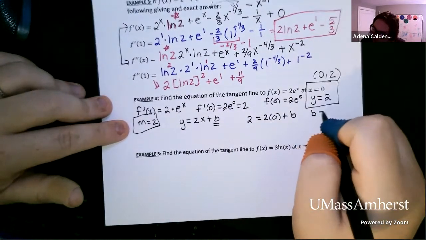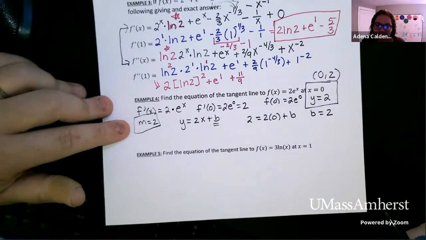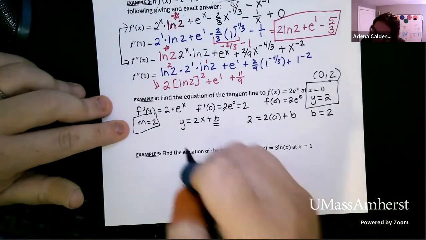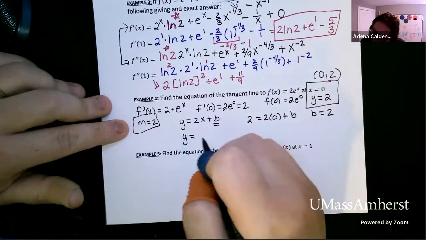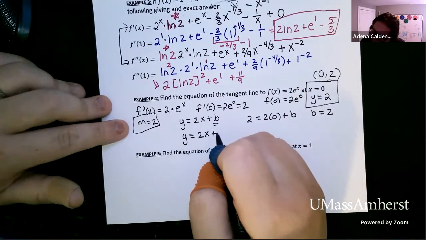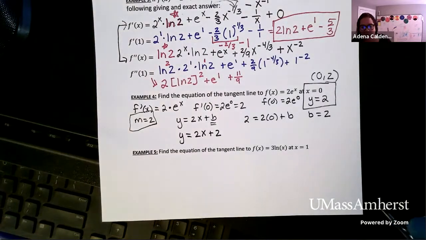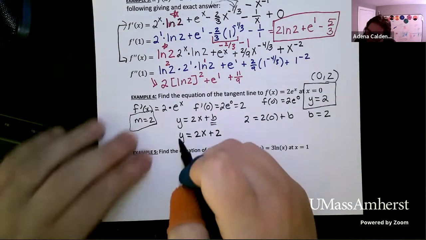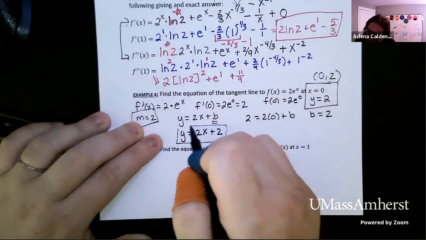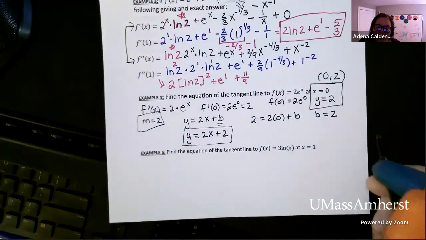So that tells me that b equals 2. Okay, so that means that my final equation of the line is going to be 2x plus 2. Okay, so again, I need a point, I need a slope, and then I'm going to put that all together.